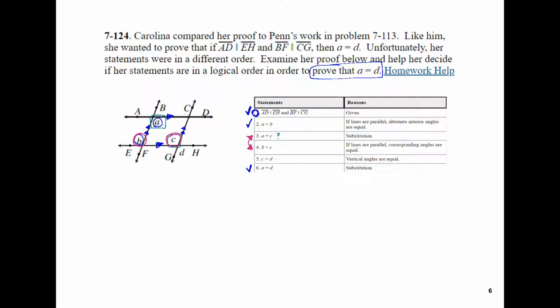So switching the location of these two statements would make it flow more logically. And then C is equal to D based on vertical angles are equal is a true statement, and that could remain where it is. It could also go up under number 2, if it needed to, but logically just switching 3 and 4 makes our proof flow better.